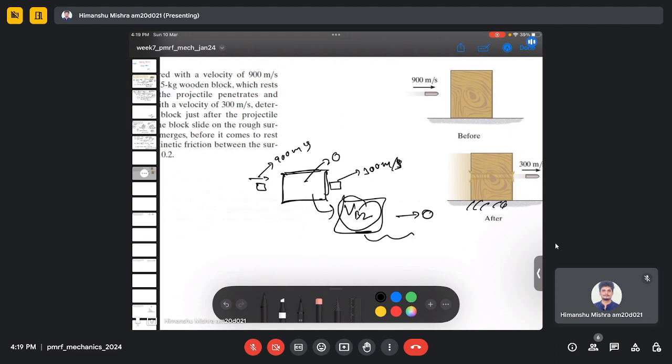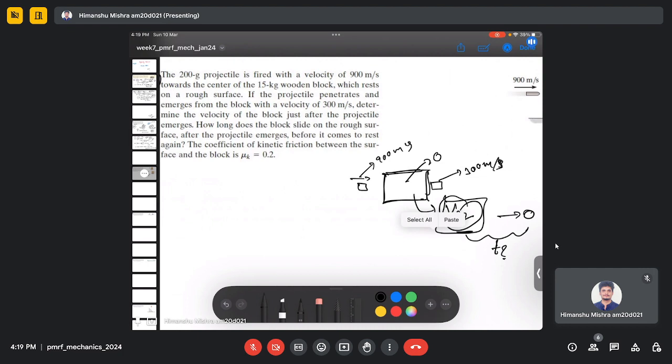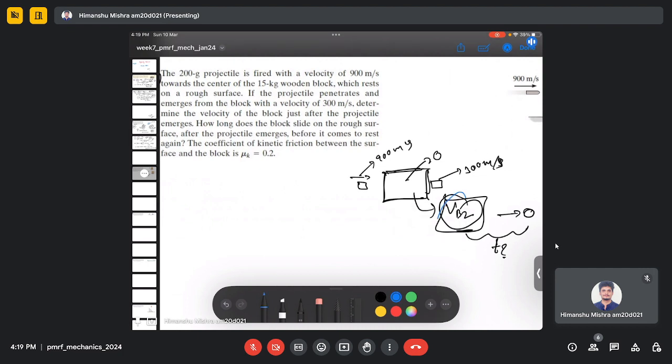How much time does it take to come to 0 again? We need to calculate this time. To first calculate the final velocity of the block, we can use the conservation of linear momentum, and then to calculate the time, we can use the principle of impulse momentum.